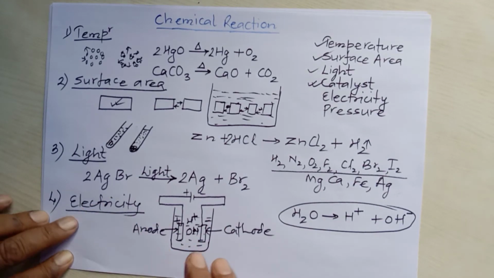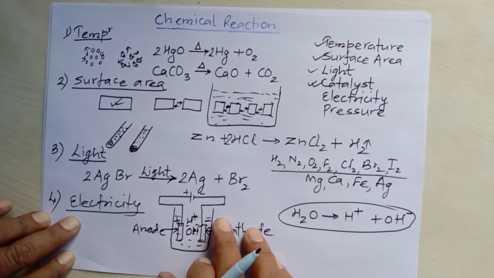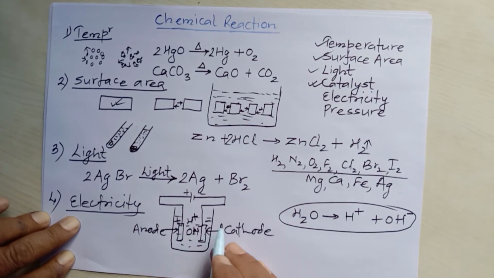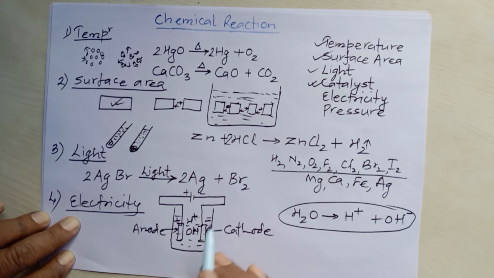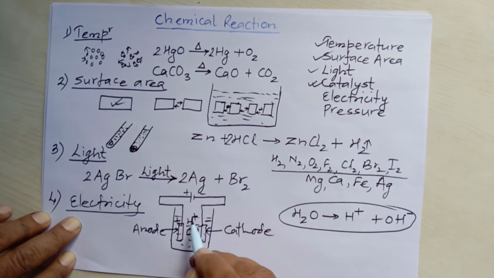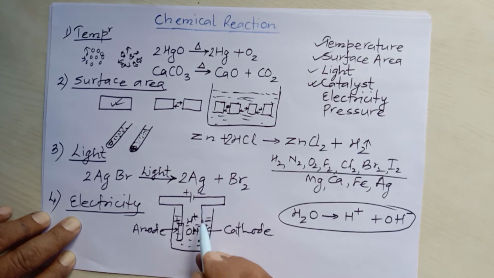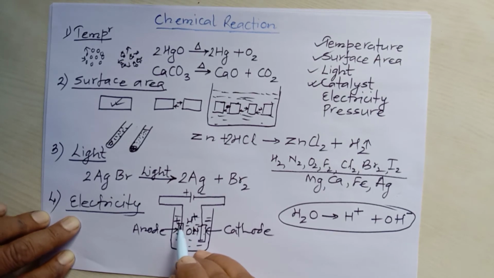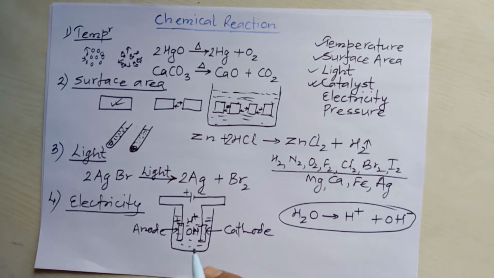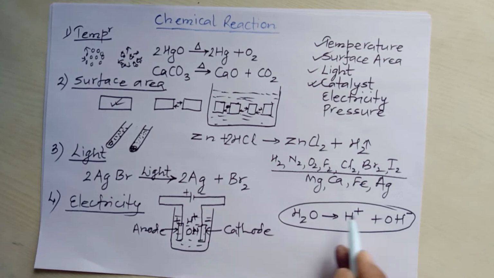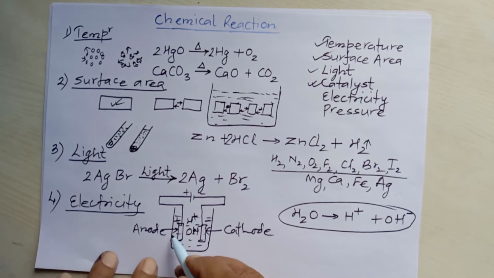Now what we have to say: when electricity is passed into an electrolyte, it helps to move the ions to oppositely charged electrodes. Positively charged hydrogen moves to the negatively charged electrode, negatively charged hydroxide moves to the positively charged electrode. Thus electricity helps to increase the rate of chemical reaction. Because of this reaction, hydrogen gas evolves from the cathode and oxygen gas evolves from the anode.